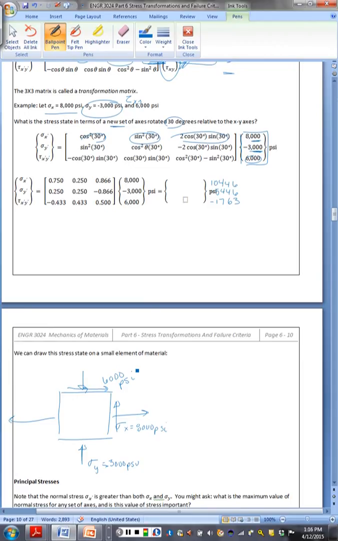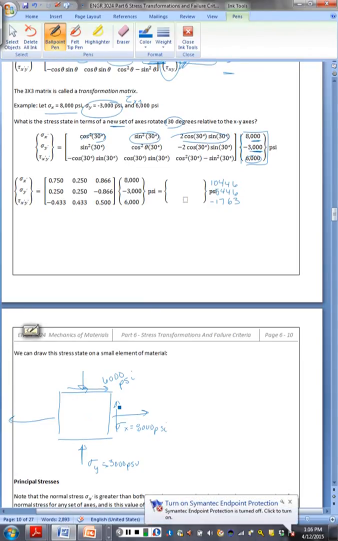And I know that that shear stress is positive because you look at the positive x face. It is in the positive y direction. I have to remember our sign conventions for that.